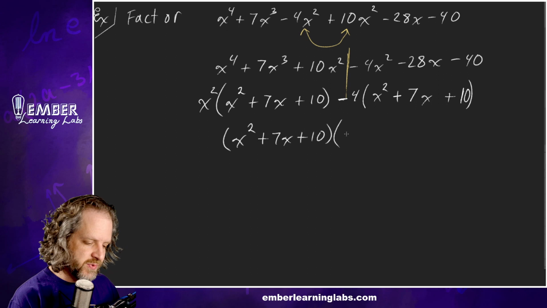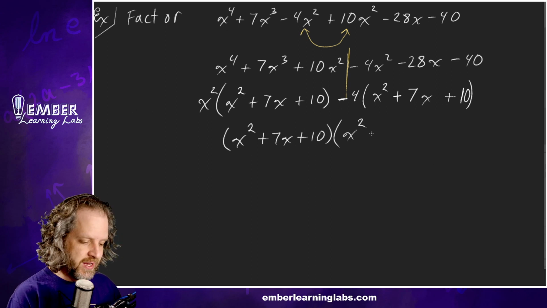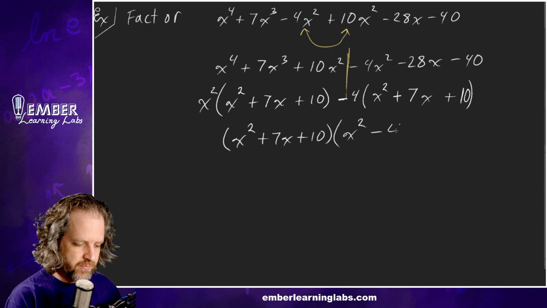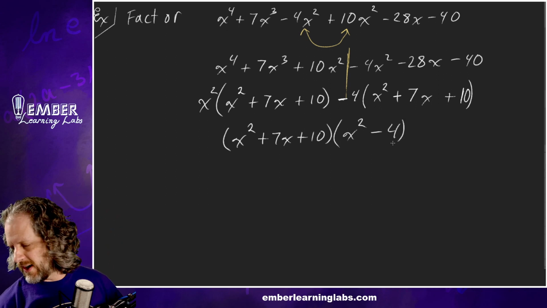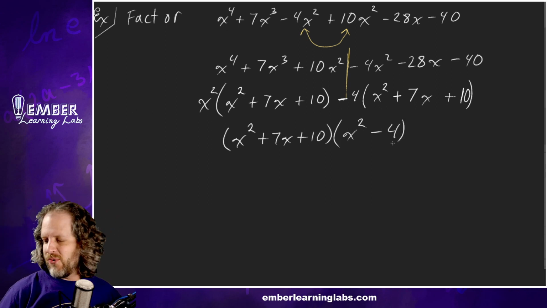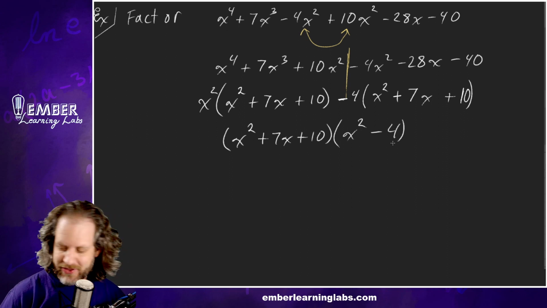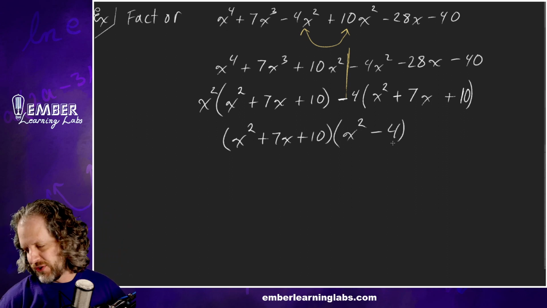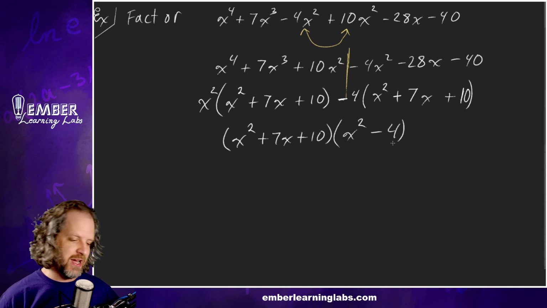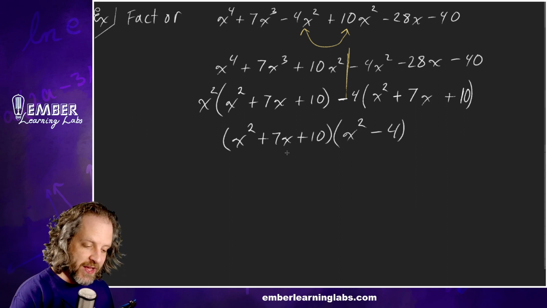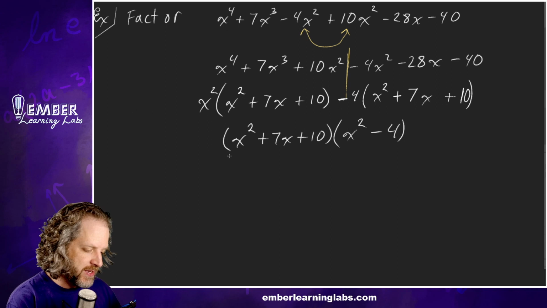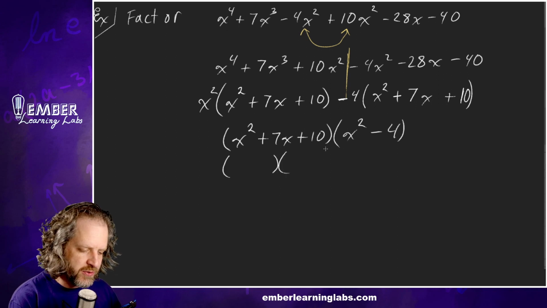What's left from the first one is x squared, and what's left in the second one is minus 4. Now, we can actually factor this further this time. Remember, that's a thing that can happen sometimes. This one is a trinomial, easy peasy. Two sets of parentheses, open, close.